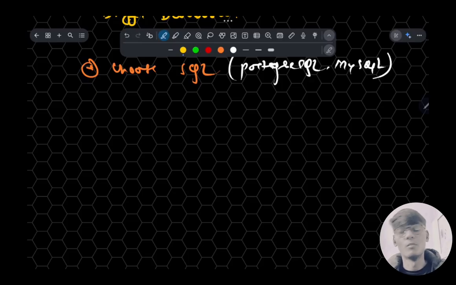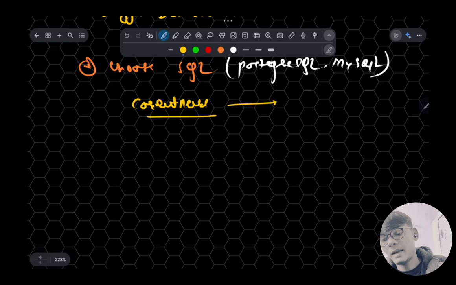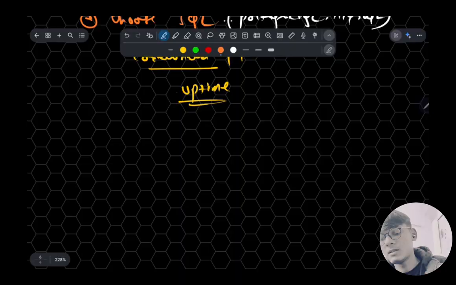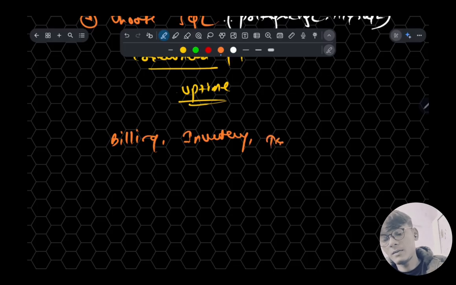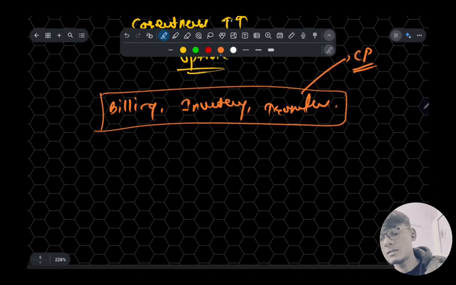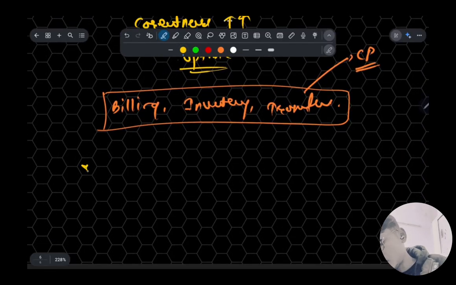Correctness is prioritized more than uptime. It is used in systems where billing, inventory and transfers happen. This type of system uses CP, consistency and partition tolerance.